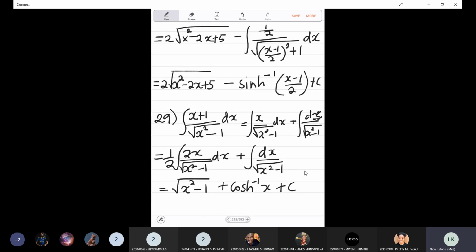Other times you will have to complete the square, and then in the last case you may have to split up the numerator that you are given, and then factorize and then integrate like we have done over here.